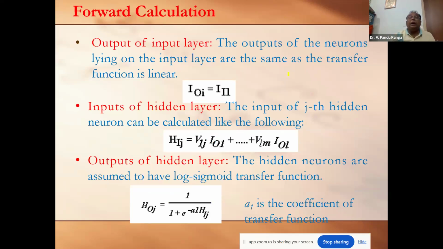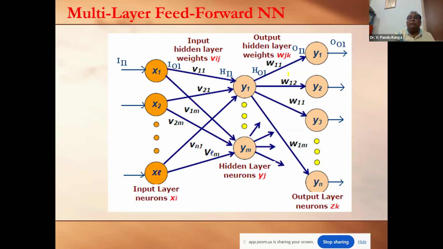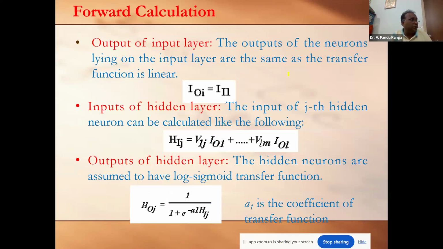Now this slide shows the forward calculation. We have used only a feed-forward neural network that is optimized with the help of a genetic algorithm. Normally, a feed-forward neural network comes with the backpropagation algorithm, a traditional optimization method that starts with a single solution generated at random.